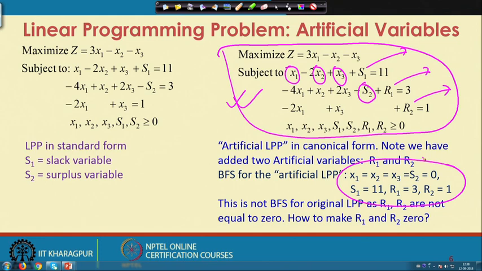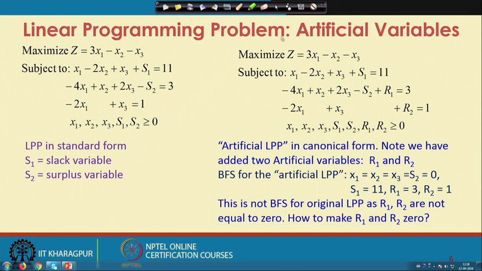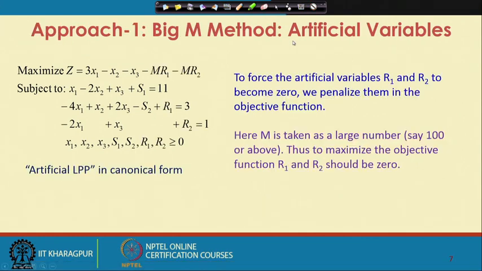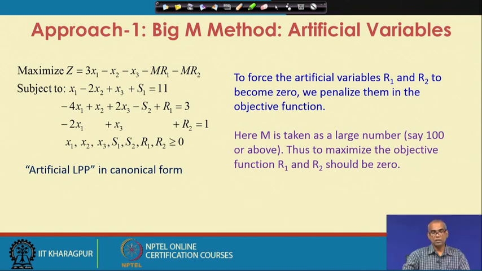This basic feasible solution is not a basic feasible solution for the original linear programming problem, because in the original linear programming problem R1 and R2 must be 0. So, how do I make R1 and R2 0? There are two approaches to handle these artificial variables R1 and R2.